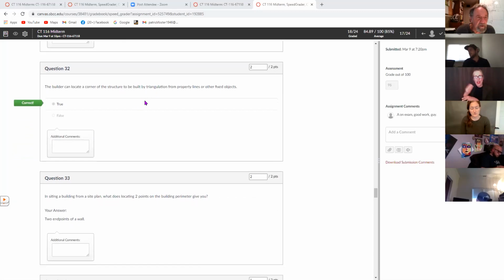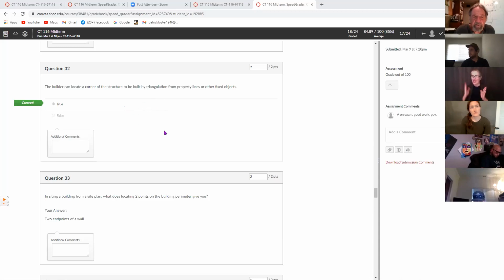Okay, 32. Yeah, this we did in class, that exercise. Sometimes all the dimensions from the property lines to the house will be in obvious order, and you can just take them from that.